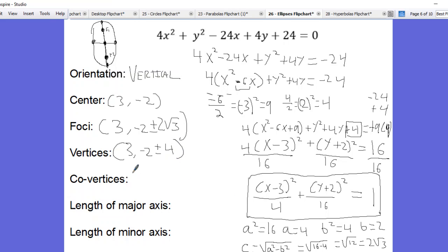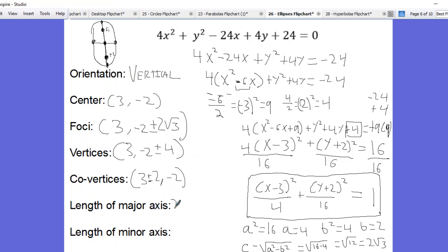And our co-vertices. Now the co-vertices are changing horizontally, so would it be 3 plus or minus 2, comma, -2? Excellent.